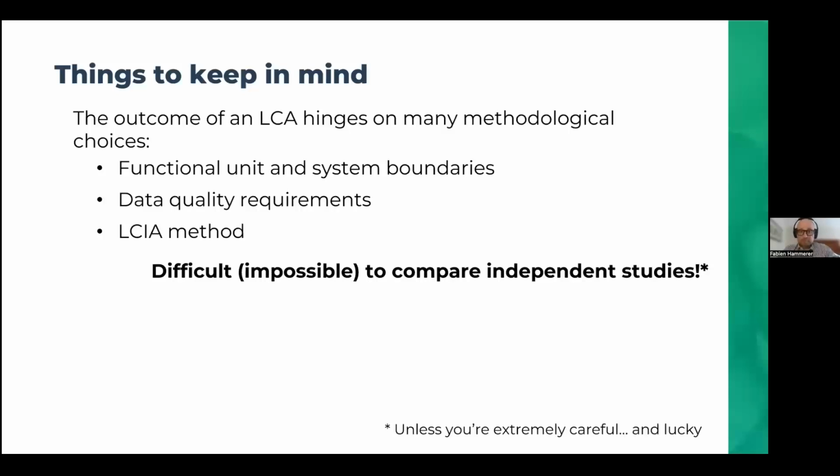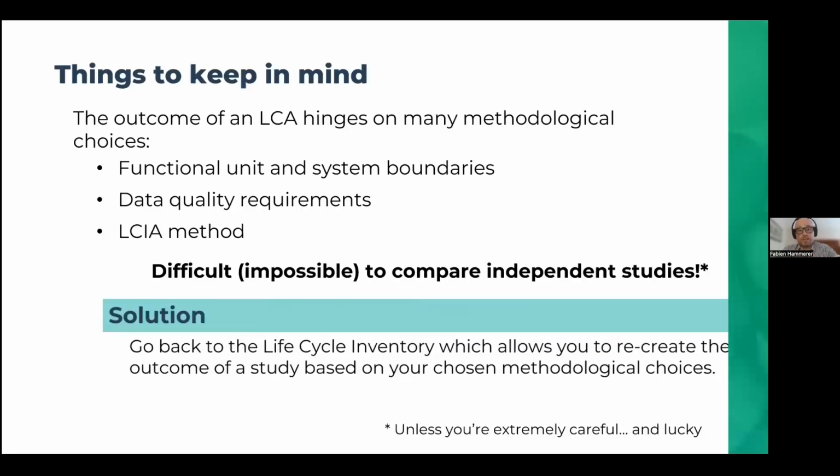That may happen. So, the solution, if you have to adapt findings from a previous study, is to go back to the life cycle inventory that is hopefully shared with that study. That would be the case typically for peer-reviewed publications, and not always if you're working from LCAs that are published by companies or shared by companies.